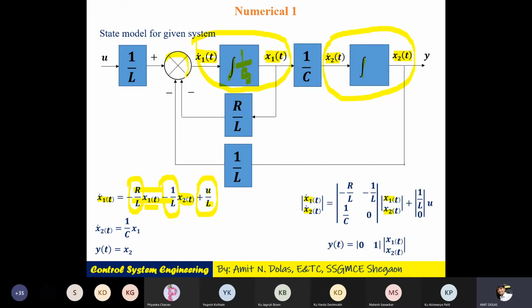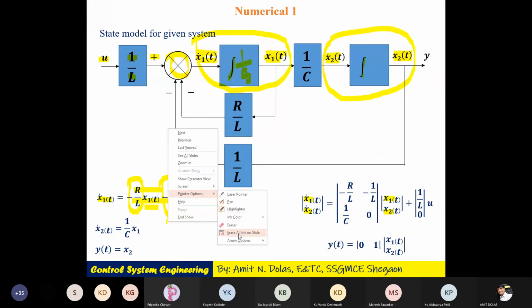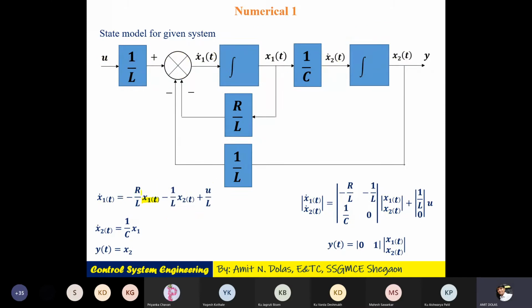So what will you do here? There will be a summing block here. Input vector u is there, but along with u, we want one element 1 by l, which is added, a plus sign is required, so plus. Another is x1, its element is r by l. Here x1 is coming through the element r by l, but it is a minus sign, so in the summation block I will use a minus sign.